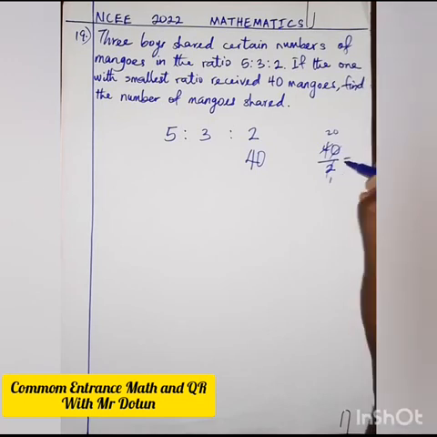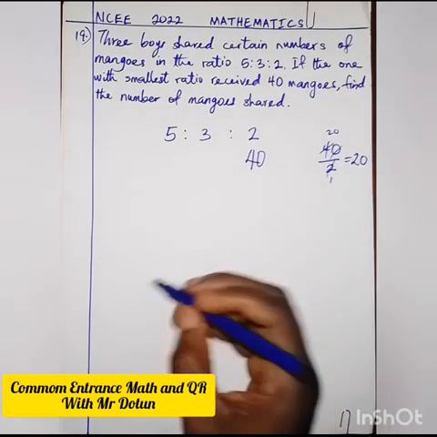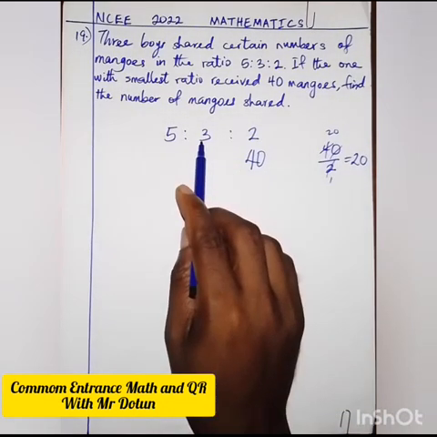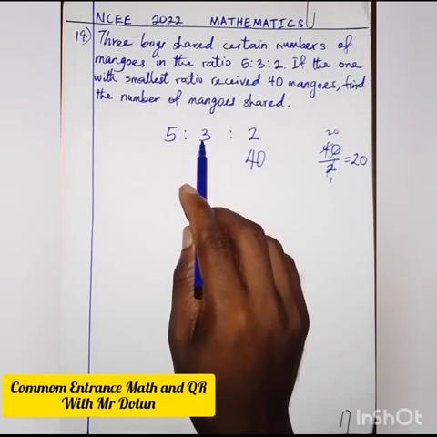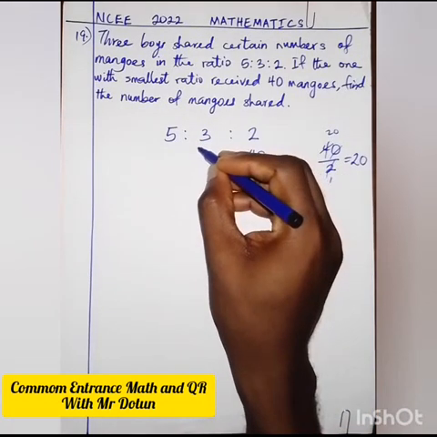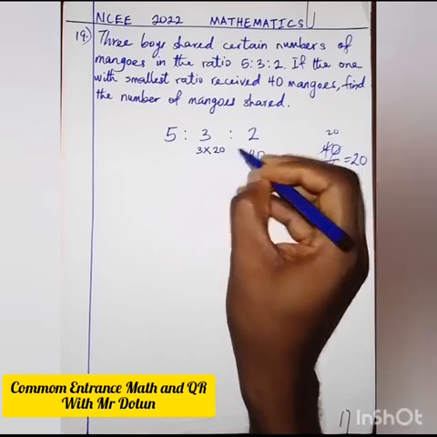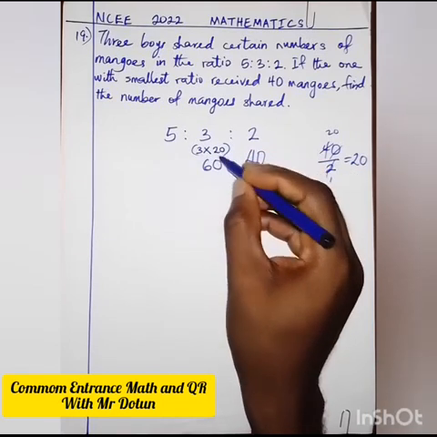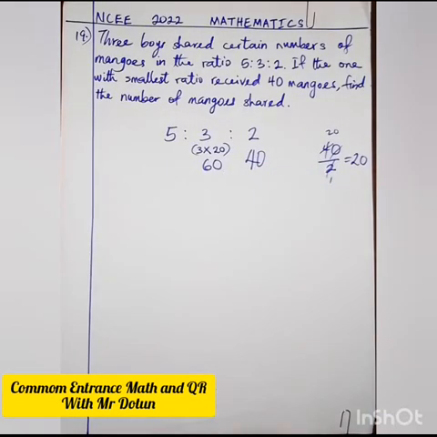Now that we know 40 divided by 2 is 20, for the number of mangoes received by the person with ratio 3, we do 3 times 20, which gives 60.